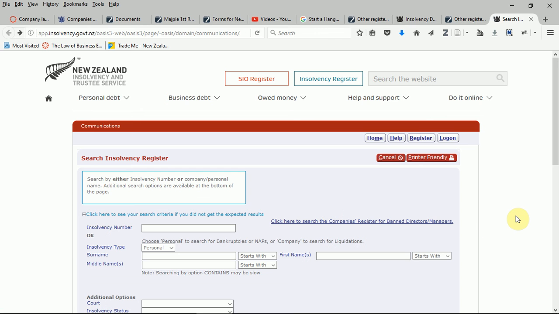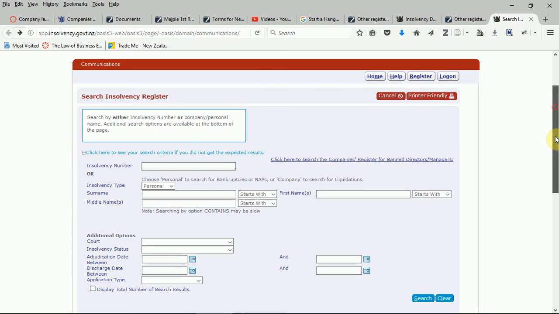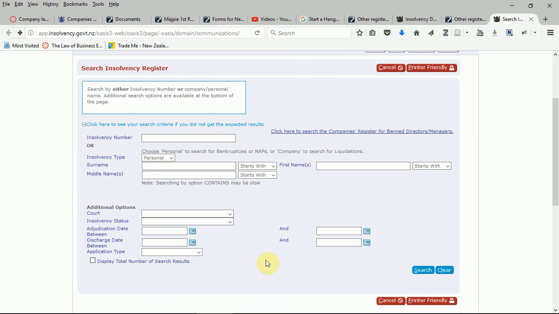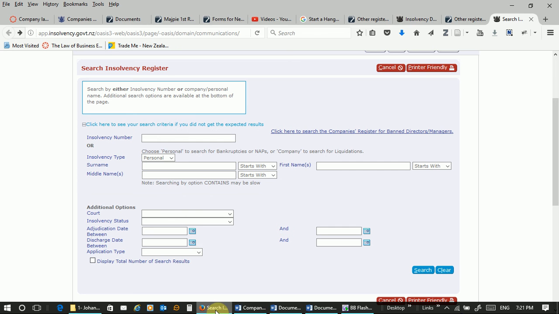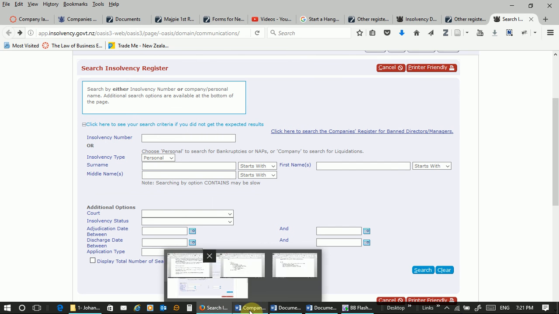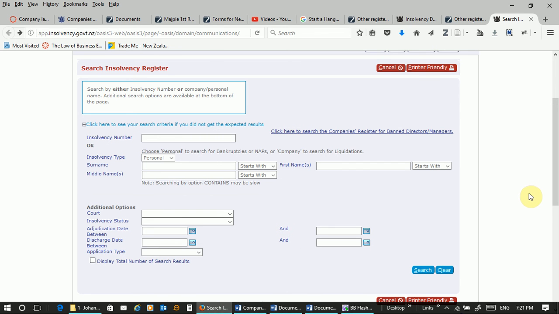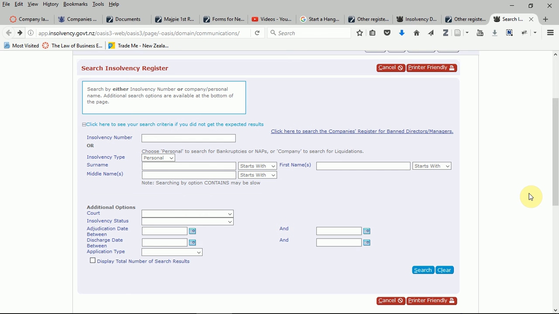So bankruptcy is the equivalent of liquidation, except of course we don't strike people off. They stay in bankruptcy for 3 years, after which they are released from most of their debts. It doesn't include debts such as fines and family issues such as child support.